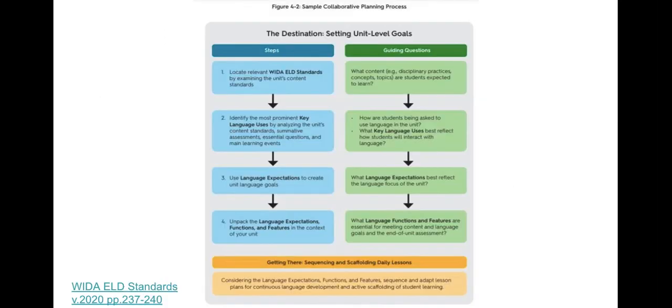Another thing that is very helpful can be found on page 237, which is a great place to bookmark again, or put a sticky note. It's the collaborative planning process. It does a really nice job of using guiding questions about what you want students to learn, how they're going to be using language, and what language expectations you need to use.